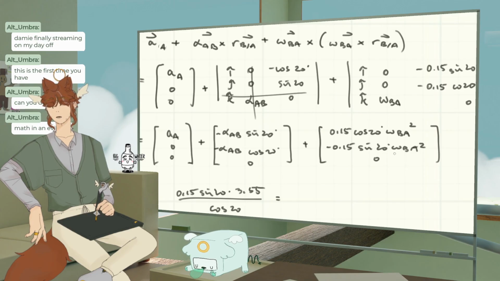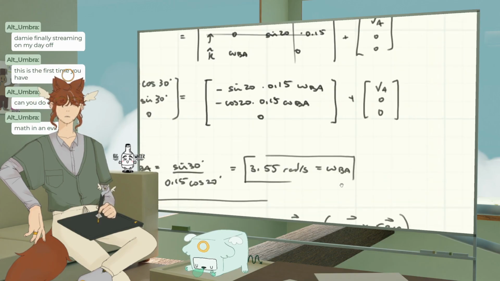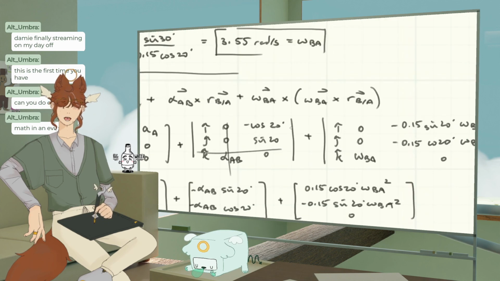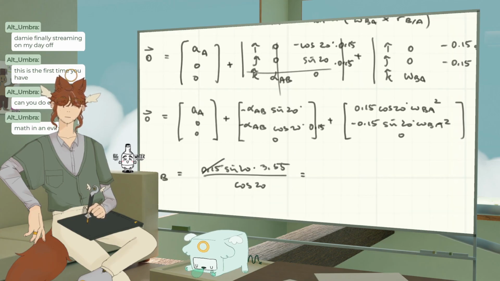Okay. Wait a second. Am I missing RBA? It might not be cosine, just cosine. Oh yes, because this is times... I forgot that dang 0.15 here. 0.15, so the 0.15s cancel out. Wait, they're both on the same side of the equation. Oh, it's gonna be negative.